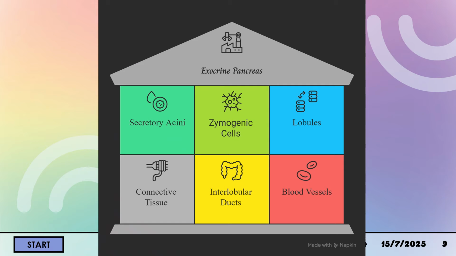This represents the exocrine part only. We'll now jump into the exocrine part of the pancreas. As we said, it mainly consists of serous acini, which in turn have zymogenic cells, and these are arranged as lobules connected by connective tissue and drained into the interlobular ducts, and they have blood vessels.